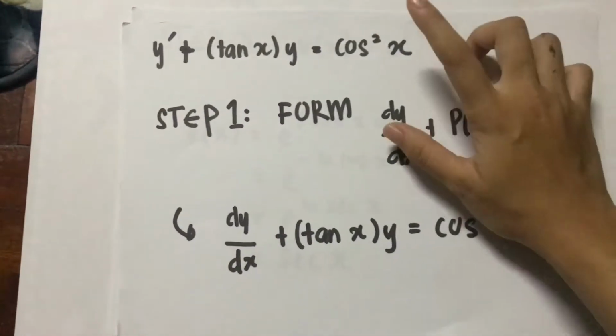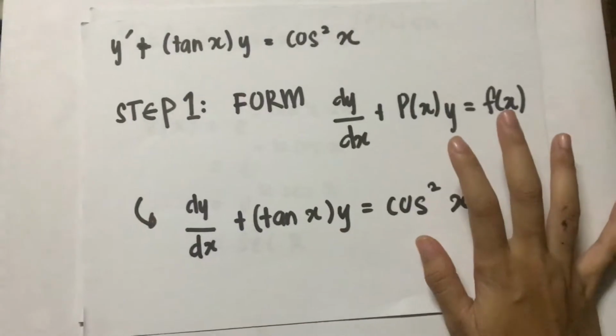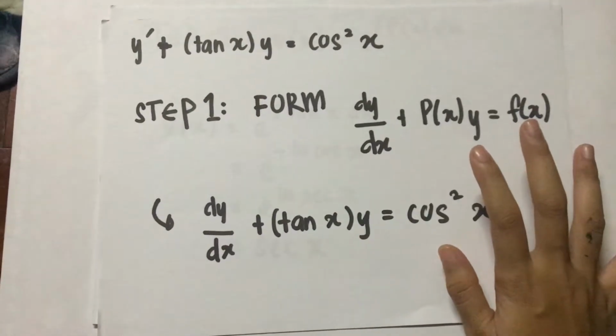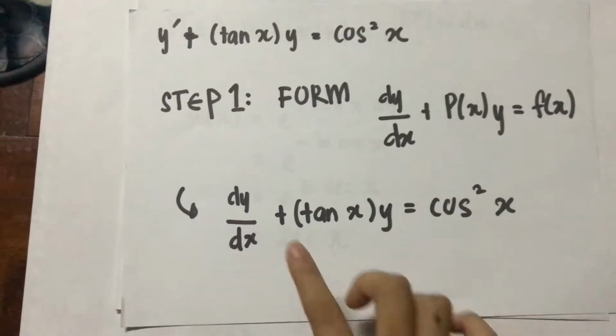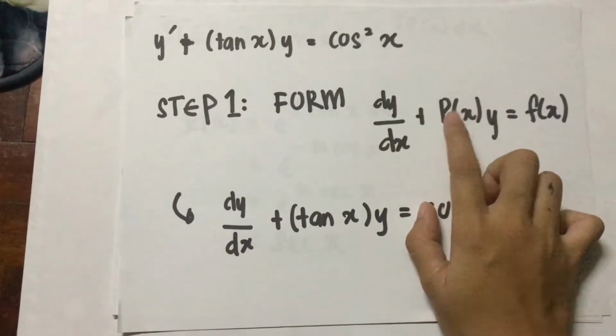As we can see, it has been formed into the integrating factor form, so we can just change y prime equal to dy over dx.